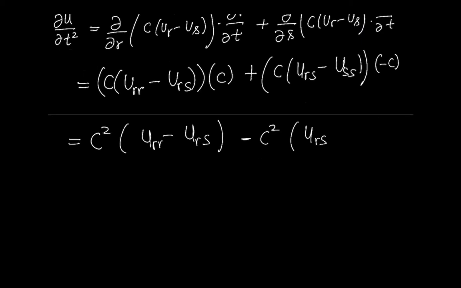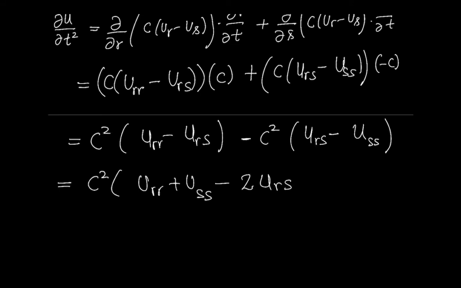If you take the derivative with r first and s later, or s first and r later, it is the same thing because the function is continuous and everything is fine. So this is going to be c squared times u r r plus u s s minus 2 times u r s. Is that correct?